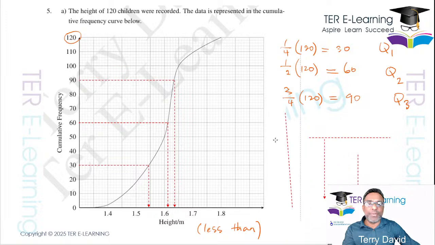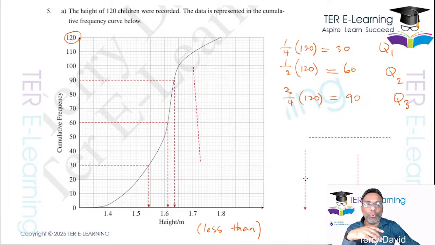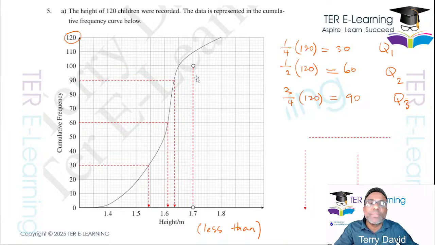Now in the exam, you have to draw these lines here in order to get the marks, or at least to read it off. So we draw a line at 1.7. And again, you can give a range of answers here. I'm just going to approximate this here.